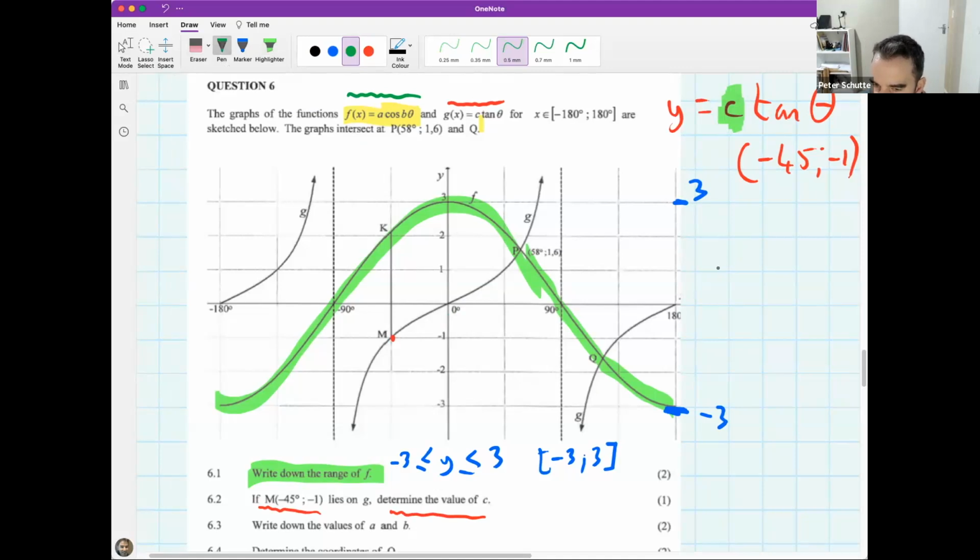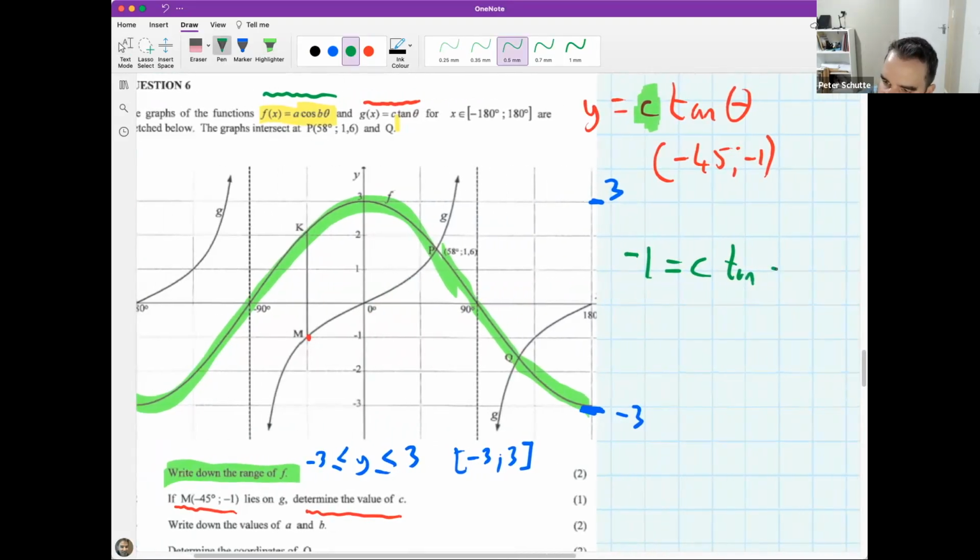So I was thinking in this case, because it's not obvious, if you look at how quickly it's rising here, the safest way to do this is just going to be to say, look, -1 equals C tan of -45.